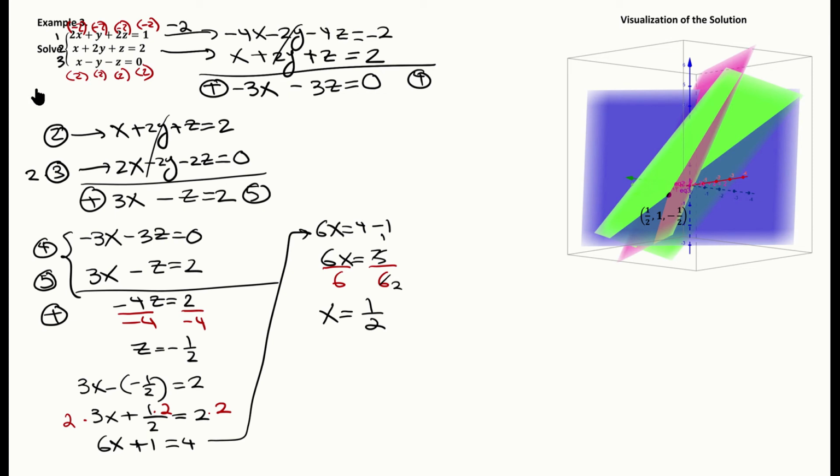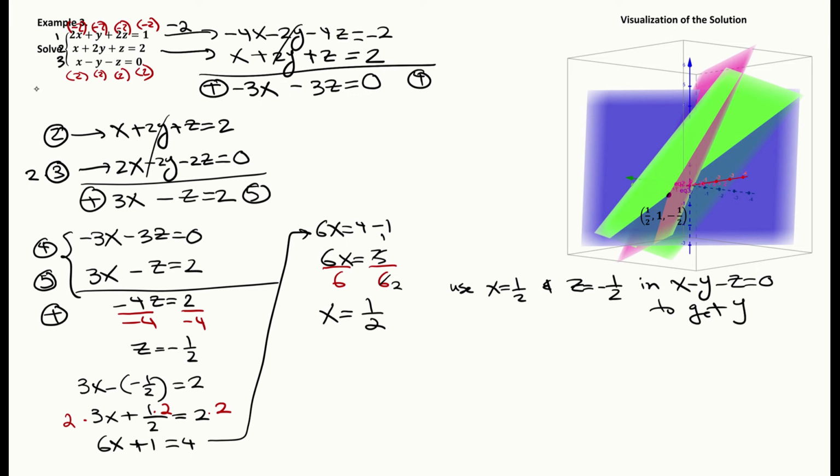It looks pretty simple. So we use x equals 1/2 and z equals negative 1/2 in equation 3, x minus y minus z equals 0, to get what's left, which is y.